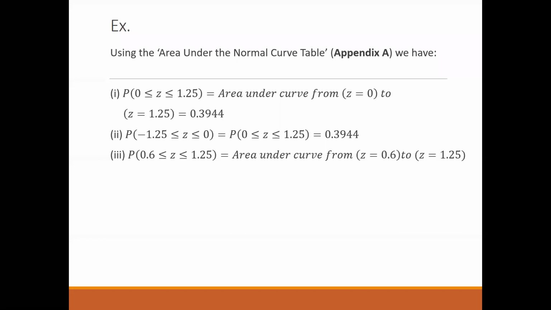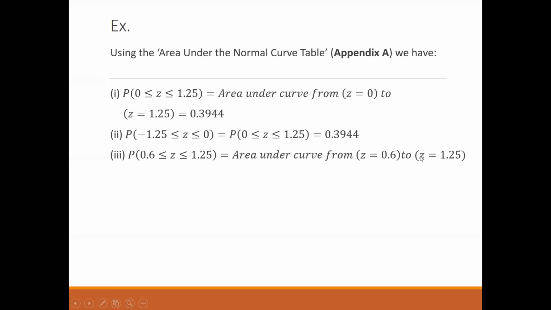One more example: if I want to find the probability for Z between 0.6 and 1.25, both the values are positive. Let me show you the graph here. We have two values: Z1 equal to 0.6 and Z2 equal to 1.25. Please note, it is not Z, it is Z1 and Z2.